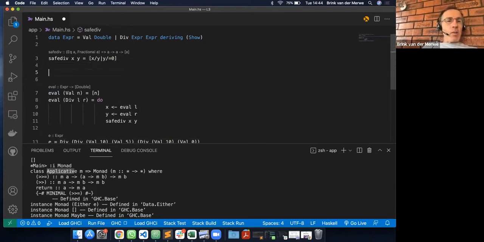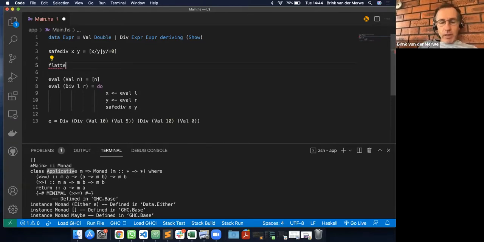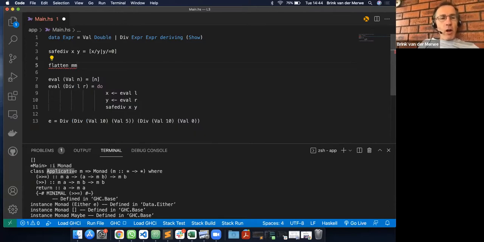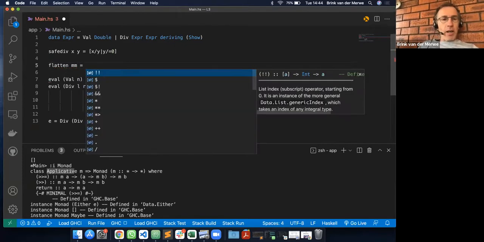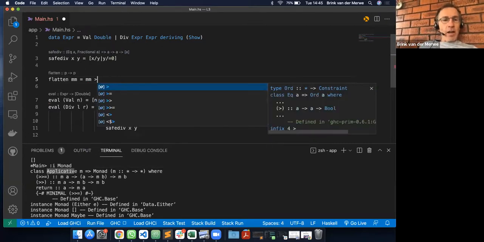And to do that, I'm first going to implement something I'll call flatten, and I'll use the bind operator here. Let me write it out.